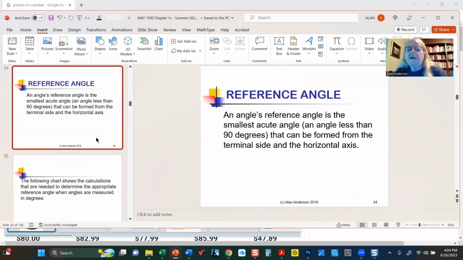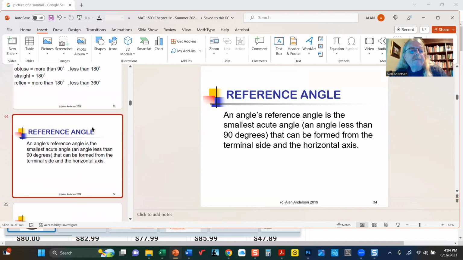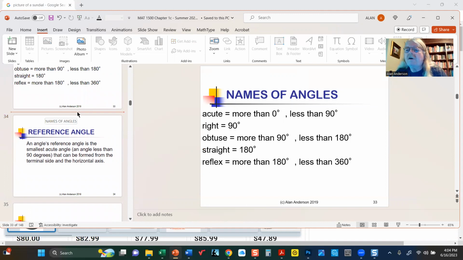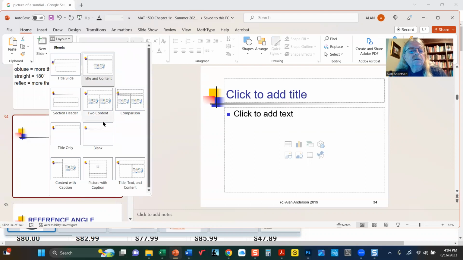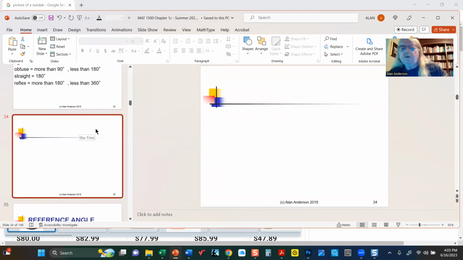So anyway, now here's the thing about angles. Because they refer to how far we've traveled around the axes, there can be different angles that refer to the same distance. So what do I mean by that?